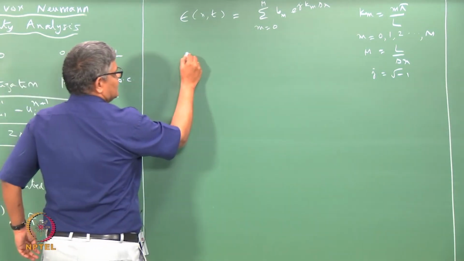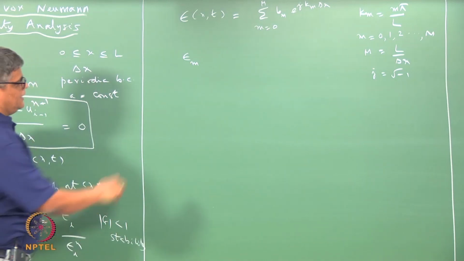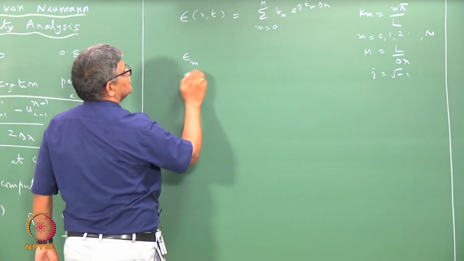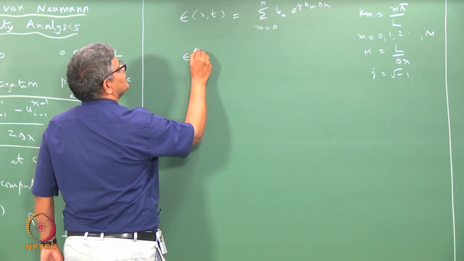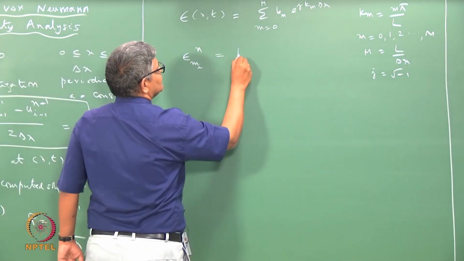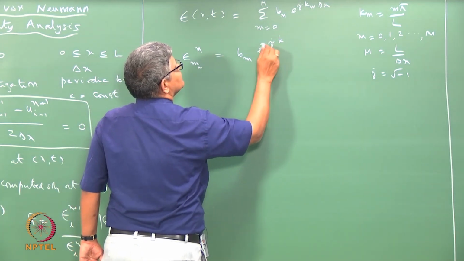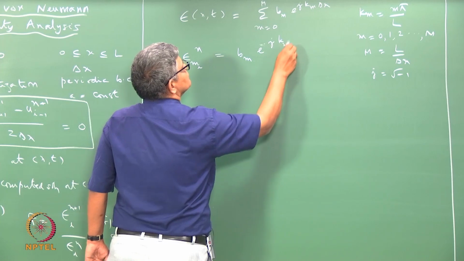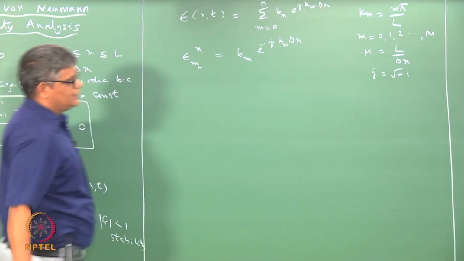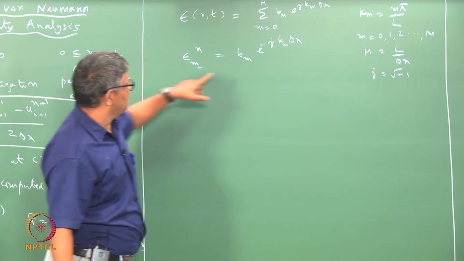So we look at the specific mth wave component at location i and time step n, and we write this as Bm exponential of a n delta t, times exponential of j km delta x, where km is the corresponding wave number.